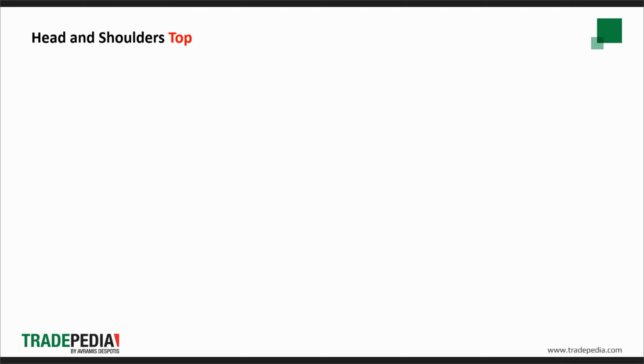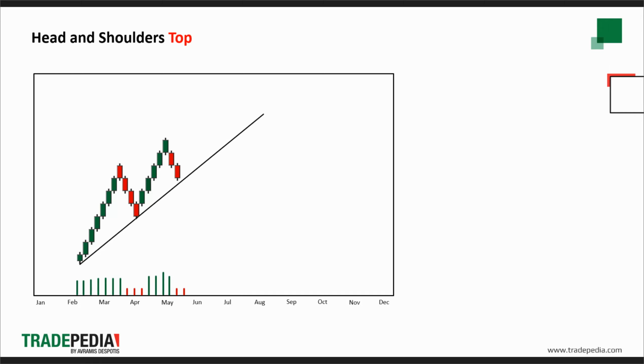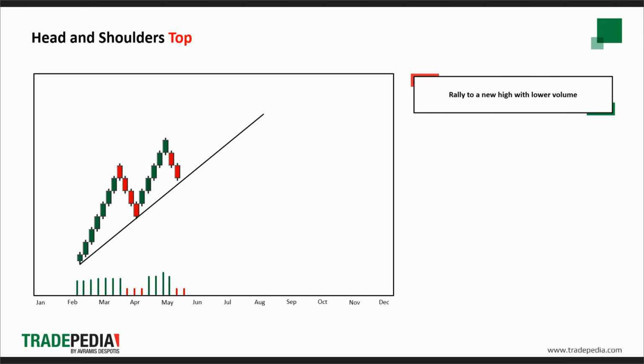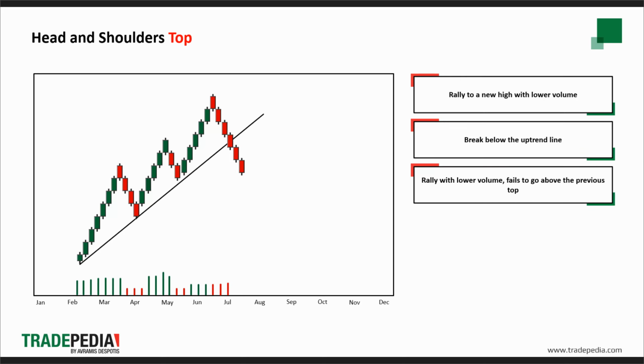So let's first take a look at the head and shoulders top. A head and shoulders consists of a rally to a new high, with a slightly lower volume. Then you need a break below the uptrend line. After the break below the uptrend line, there's what we call a breakout, a pullback and retest of this trend line.